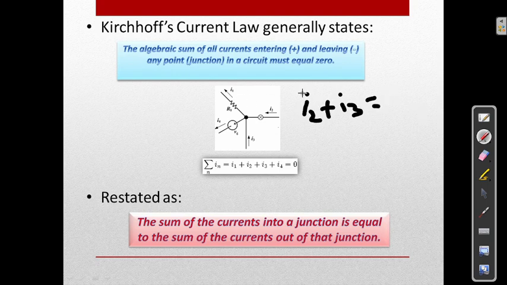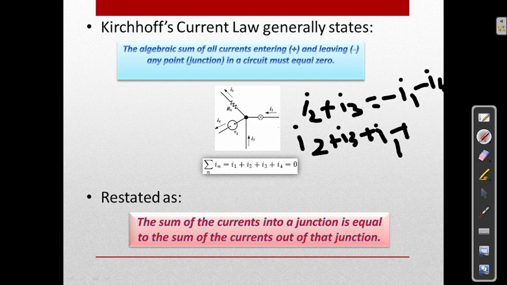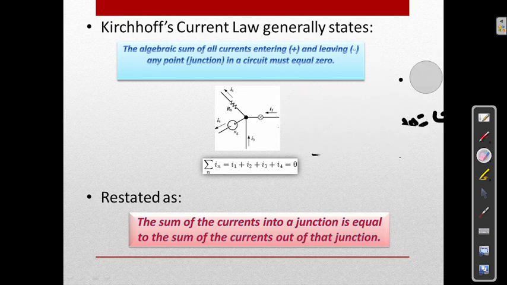I1 is leaving from the junction, so we put minus I1. Then I4 is leaving from here, so minus I4. So I2 plus I3, if the minus signs move over here, means plus I1 and plus I4, equals 0. That is the concept of Kirchhoff's current law.